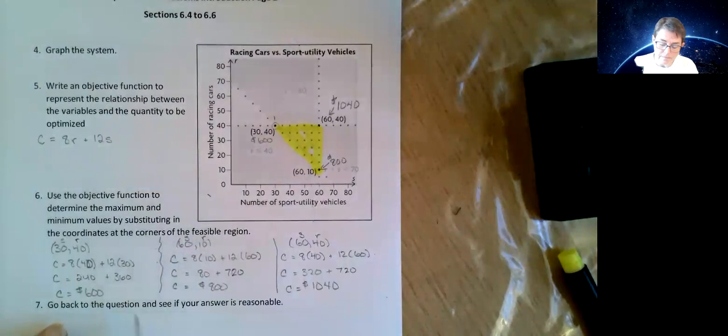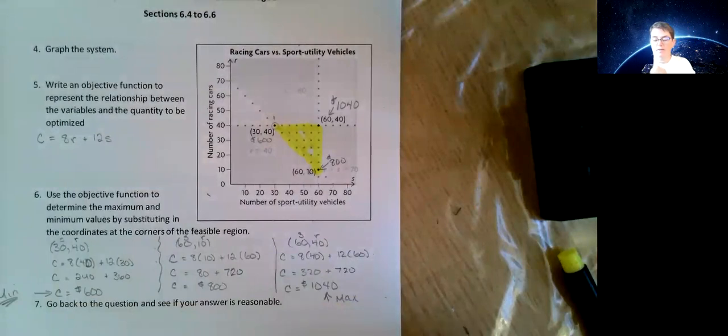Okay, so this is the minimum, and this is maximum. So that is the minimum cost and the maximum cost.